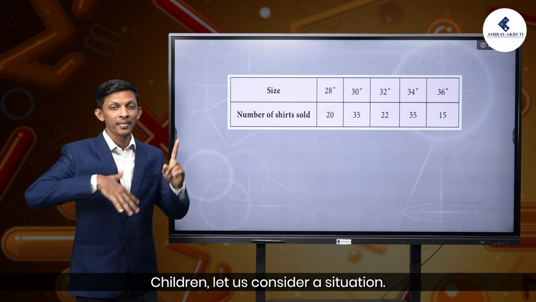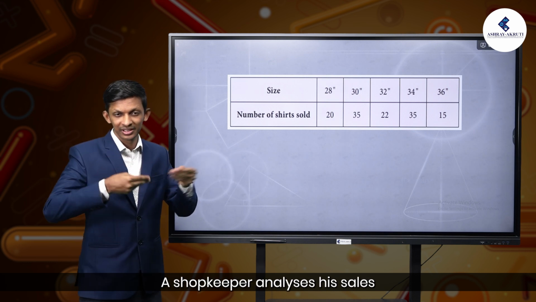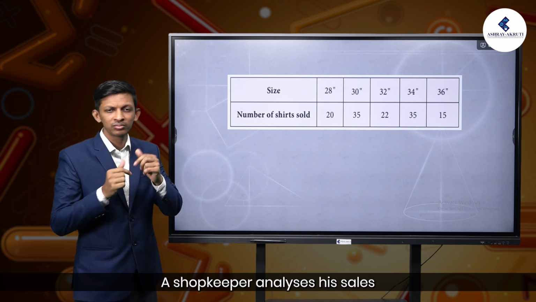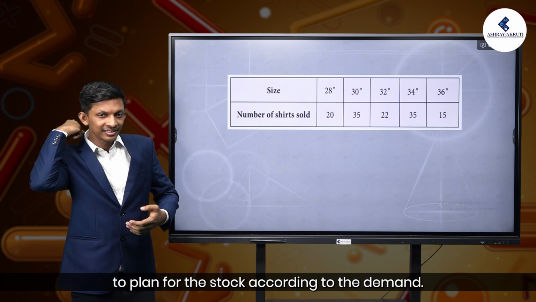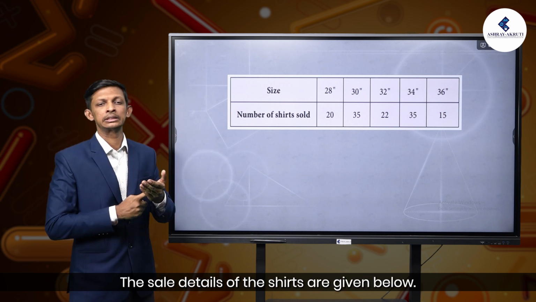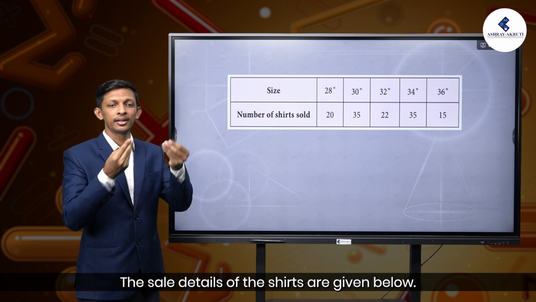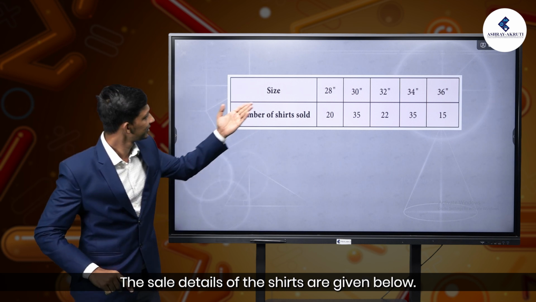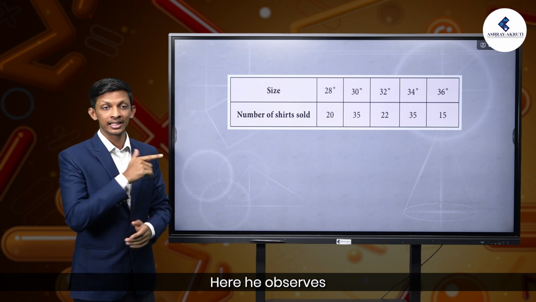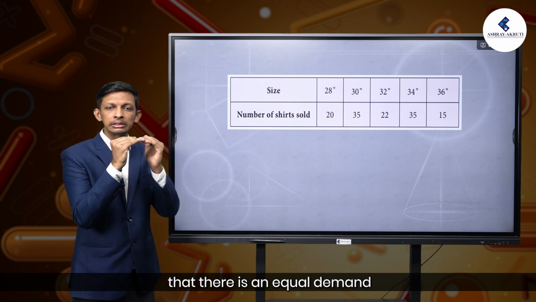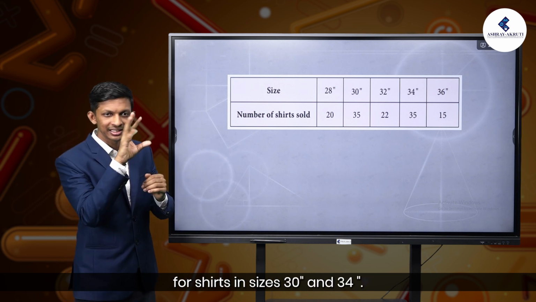Children, let us consider a situation. A shopkeeper analyzes his sales data of ready-made shirts to plan for the stock according to the demand. The sale details of the shirts are given below. Here, he observes that there is an equal demand for shirts in sizes 30 and 34.